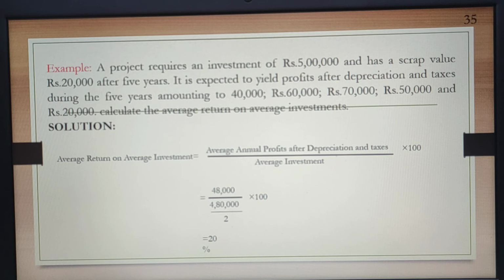Here we need to calculate the average return on average investment, that is 48,000, our average profit, and we also need to take the average of the investment, that is 2 lakh 40,000. How did it come? 4 lakh 80,000 divided by 2. And our average return on average investment comes out to be 20%.